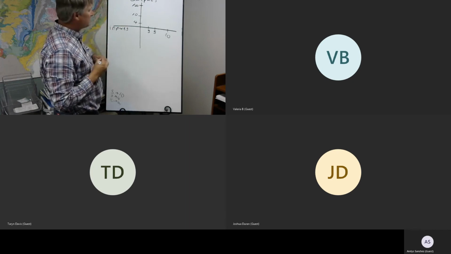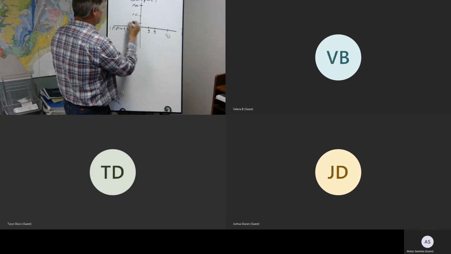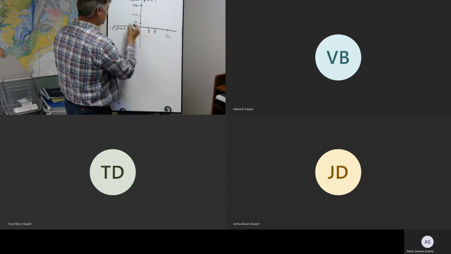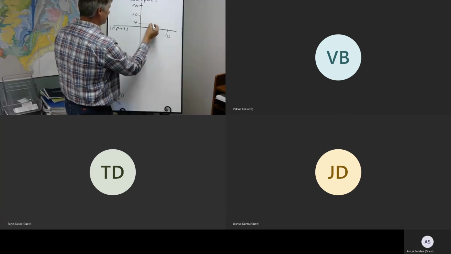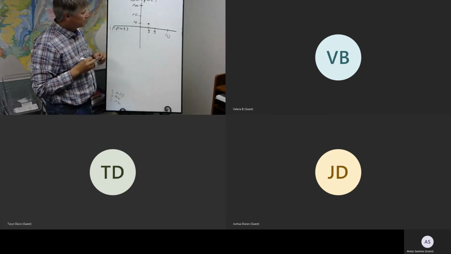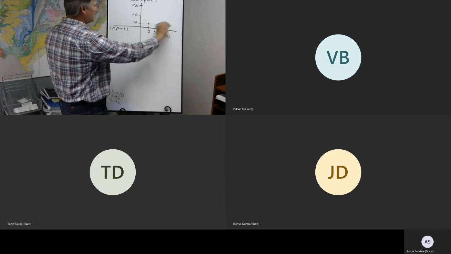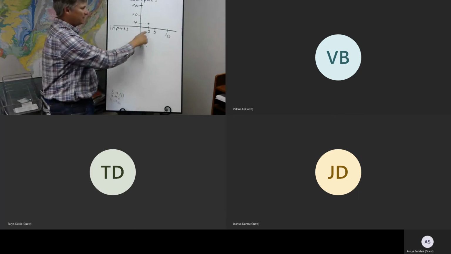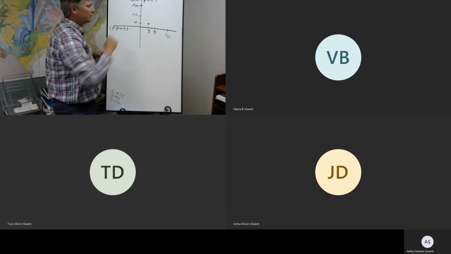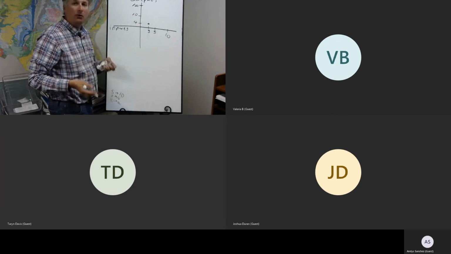So what we can do, where we have 3 and 4 intersect, we'll place a point. So there's a vertical line at 3 and a horizontal line at 4. That gives us the input of 3, the output of 4. We put a point where the lines that pass through 3 and pass through 4 intersect.